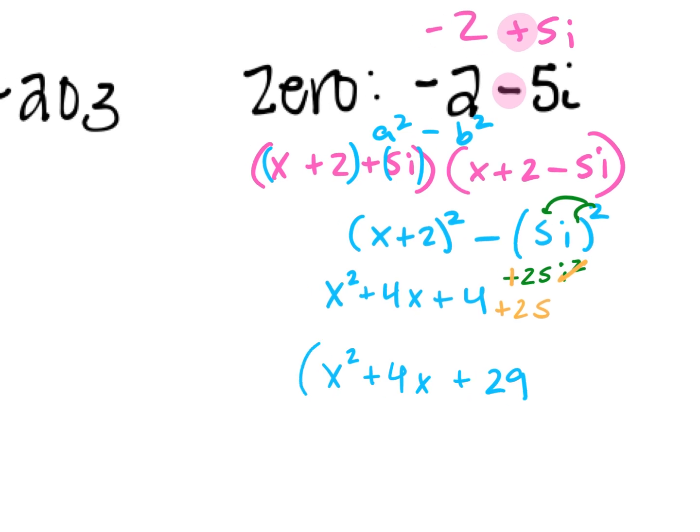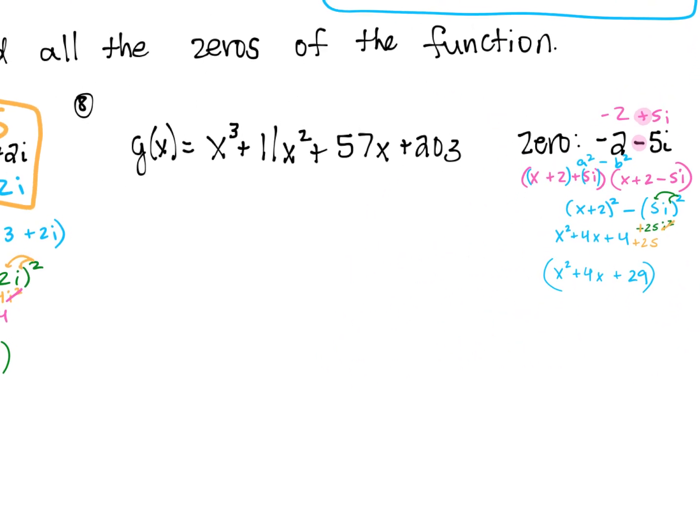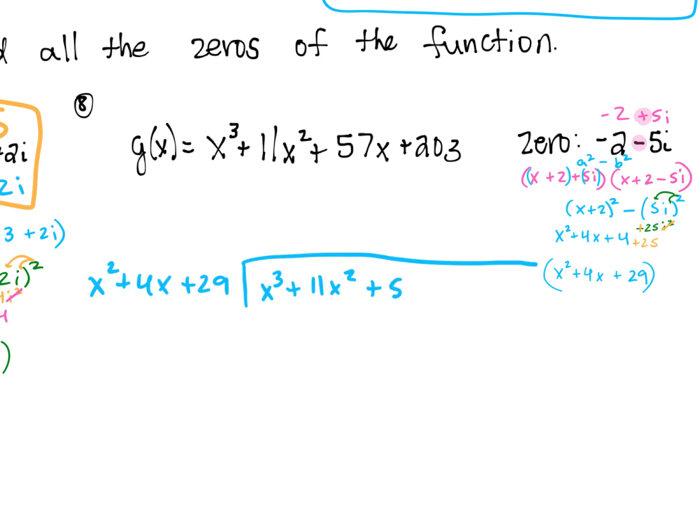So this is our factor of it. How do we find another factor? Long division. So outside the box, I have x squared plus 4x plus 29. Inside, we put x cubed plus 11x squared plus 57x plus 203.